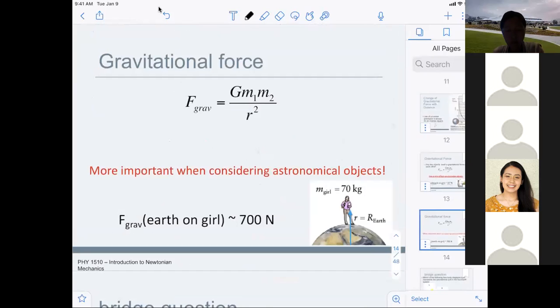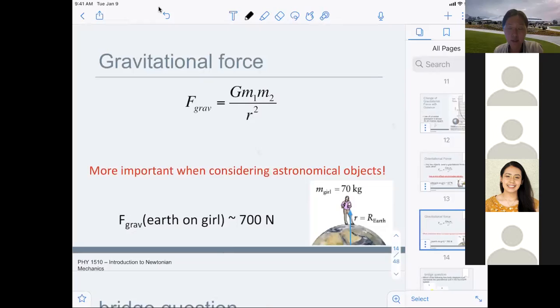However, this force cannot be ignored if you're looking at astronomical objects. Our Earth is such an astronomical object. It has a very big mass, so our weight is not negligible. All of us have a gravitational force acting on us, and all the other objects have weight. Why is that?